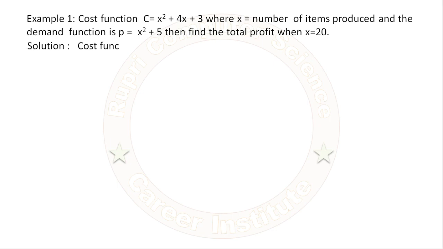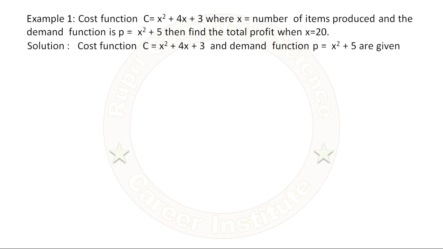Cost function C is equal to x square plus 4x plus 3, and demand function P is equal to x square plus 5 are given. Therefore, total revenue function R is equal to P into D. This is the revenue function's formula.